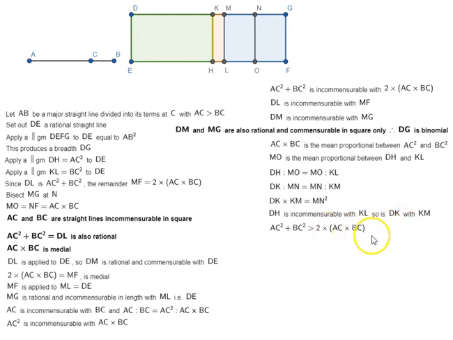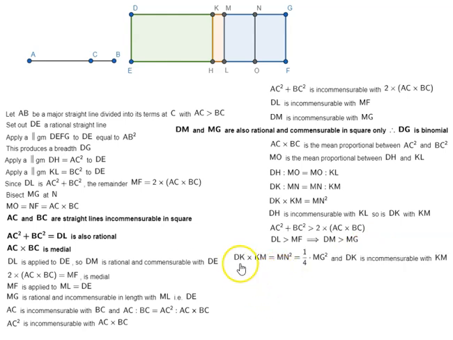Again, this we have already seen in a previous proposition. That means DL is greater than MF, which means DM is greater than MG, because DE is constant for both of the areas.